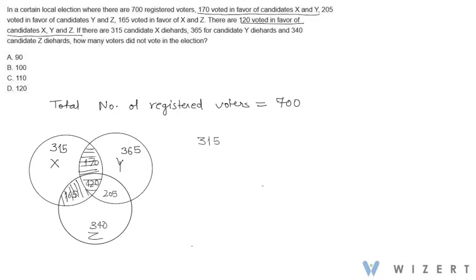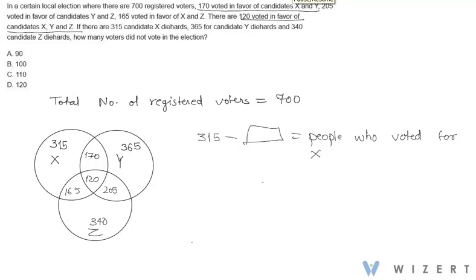So 315 minus these two portions will give us people who voted for only X candidate. Now in order to find this shaded region, let's try to read the Venn diagram. Now 170 is representing X and Y's overlapped portion, that is this one. And 120 is representing only this much.